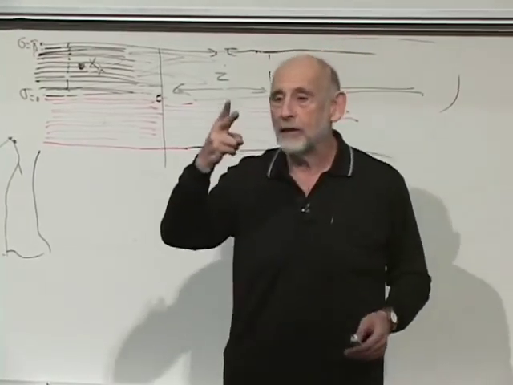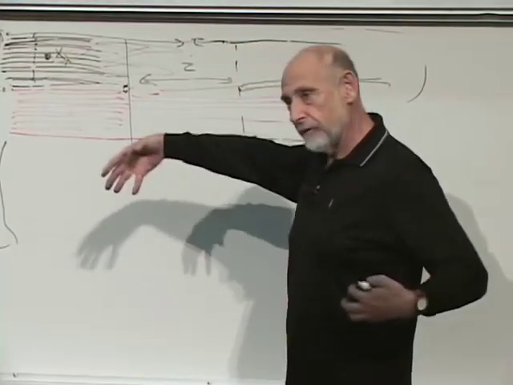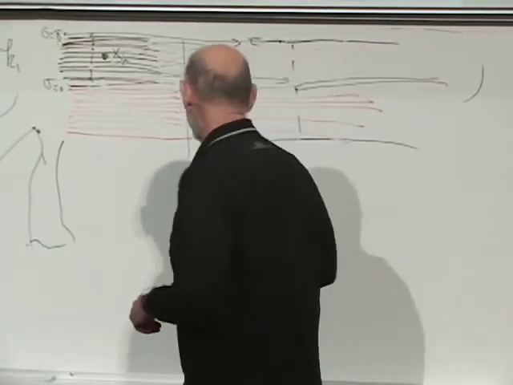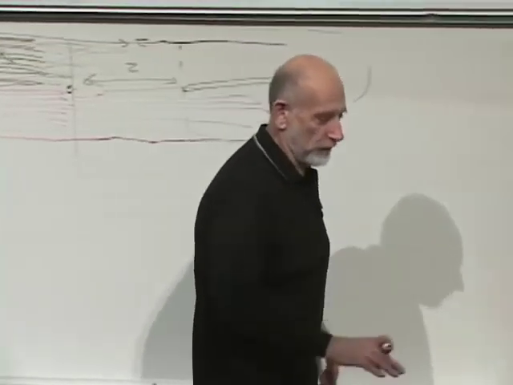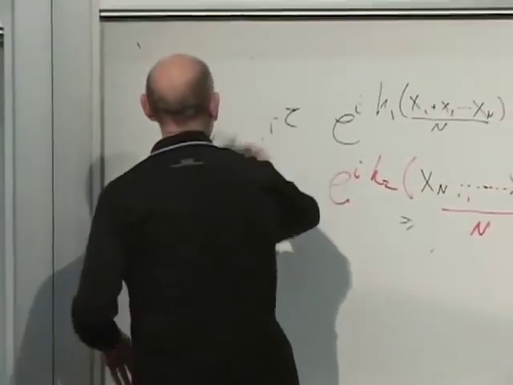Then basically you take your scissors, cut the spring in the middle, and let it evolve after that. That calculation is quite doable, not even very hard. It's just too much for the blackboard for one evening, but I'm going to tell you what the answer is.